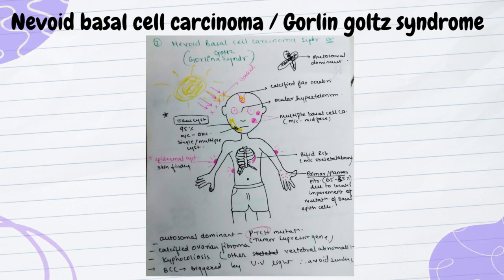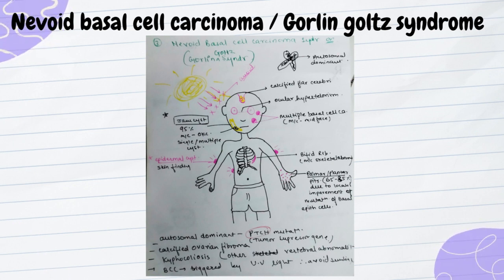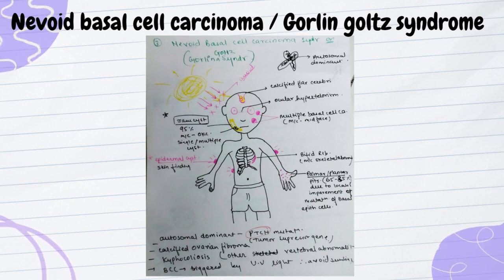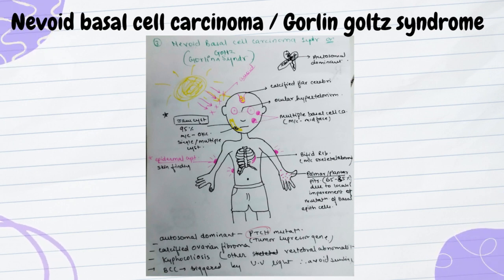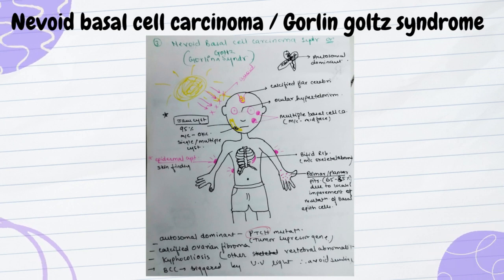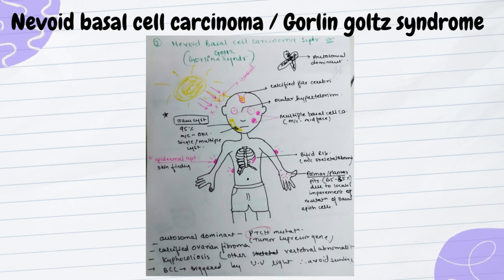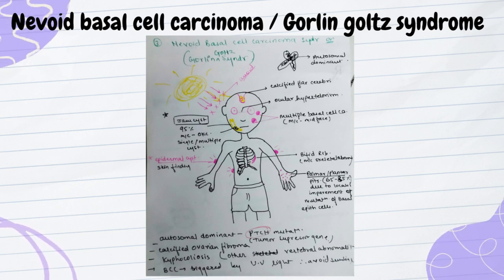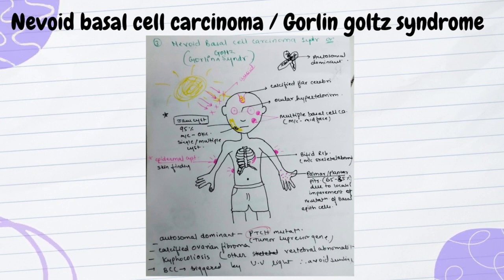And on the palm he has palmar plantar pits, and it is also very important because it occurs in 65 to 85% of people due to localized impairment of mutation of basal epithelial cells. Okay, and it is also autosomal dominant.